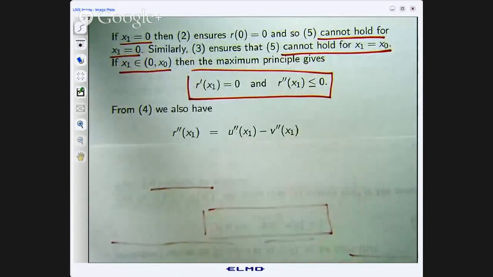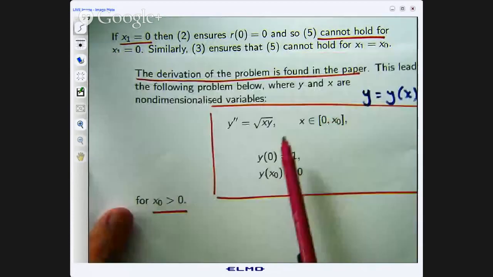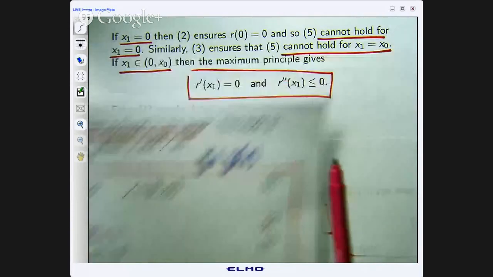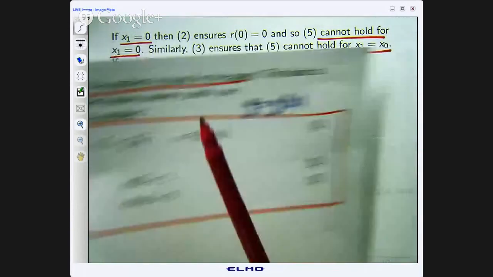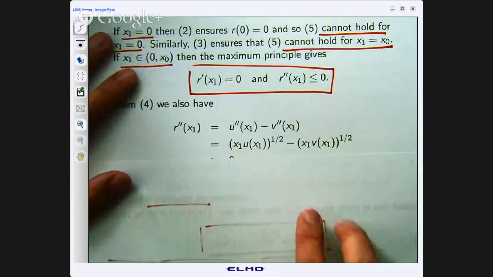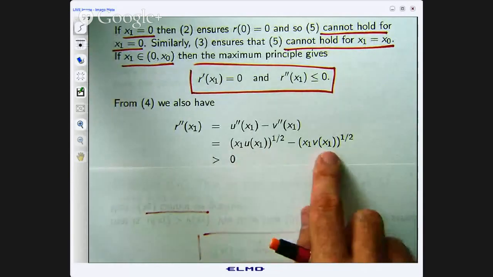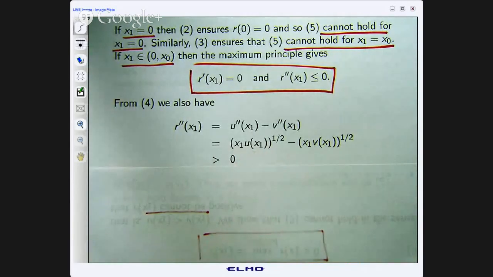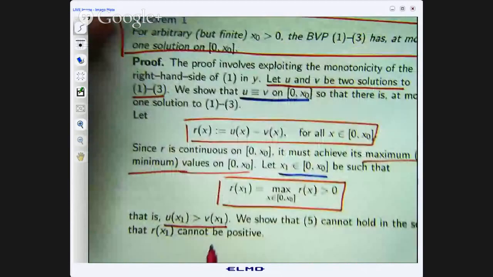And now remember, u and v are both solutions to this problem. So we can replace u double prime and v double prime with this square root. So what does that mean? Well, you get this. And we know that u of x1 and v of x1 are related in the following assumption: v of x1 is greater than u of x1.